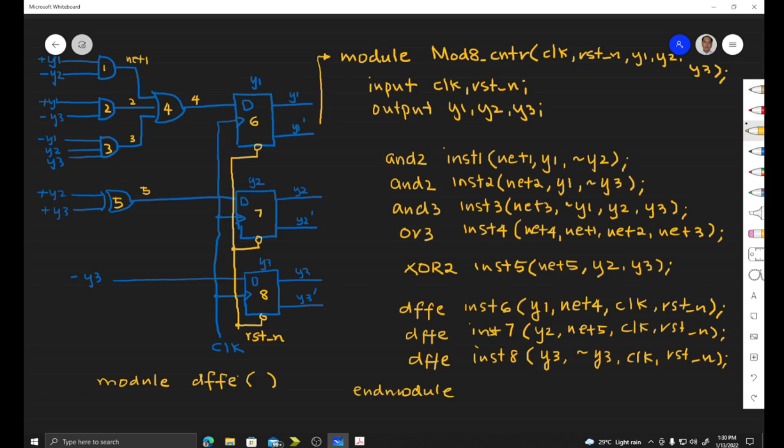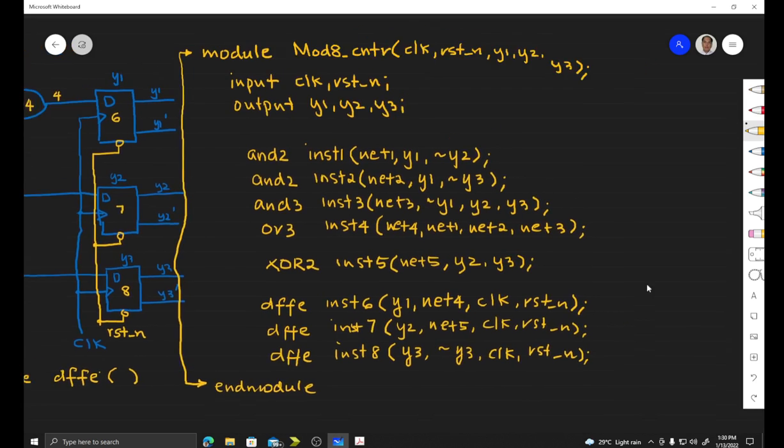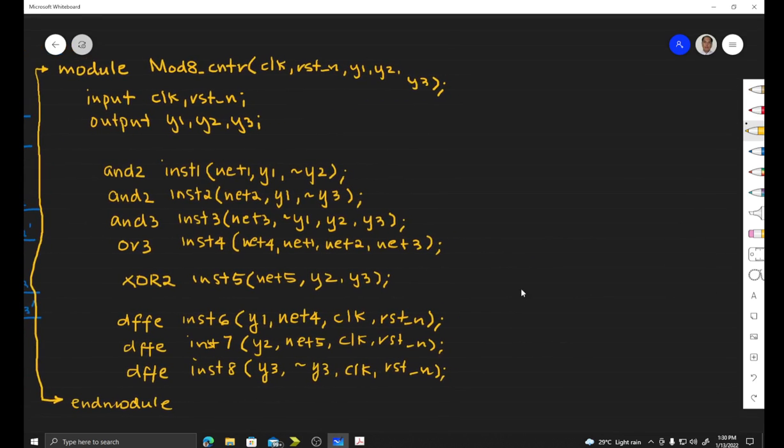So this is the Verilog code for this circuit. Okay, for the test bench, we can write a test bench for this one.